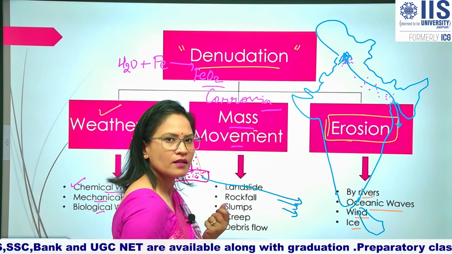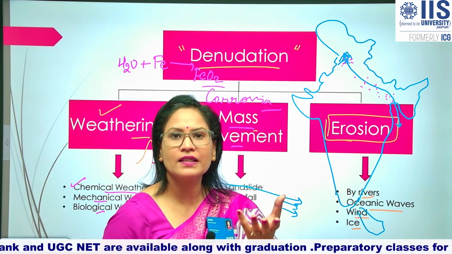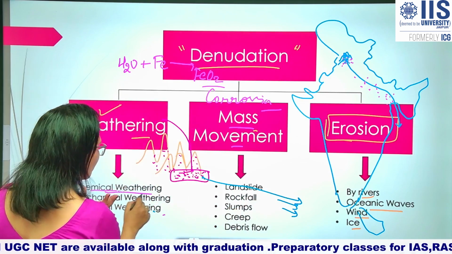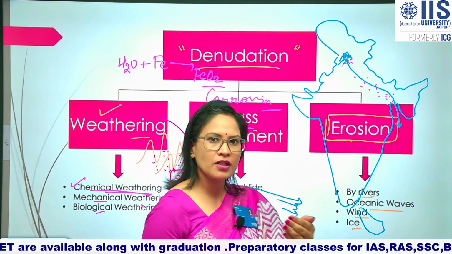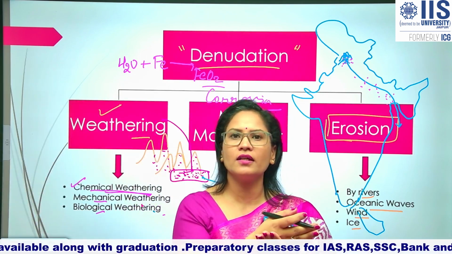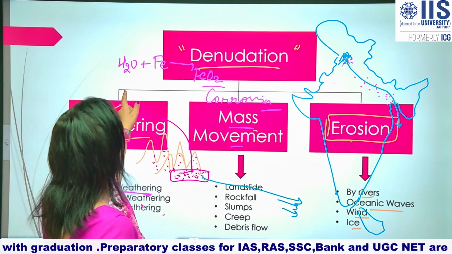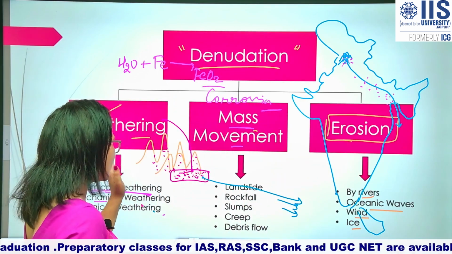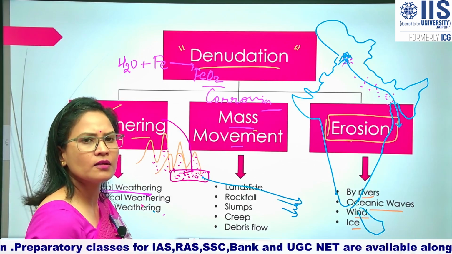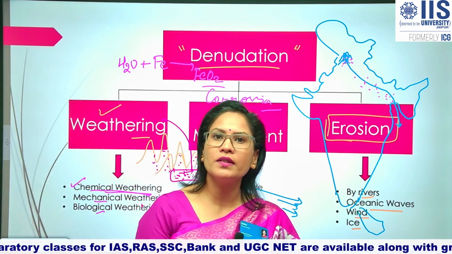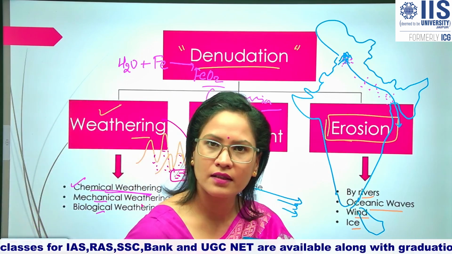Corrosion is an example of chemical weathering, and with the march of time the iron content will be degraded, right? So that process will be known as weathering. Similarly, biological weathering and mechanical weathering are there, but we will discuss the types of weathering in our next chapter.